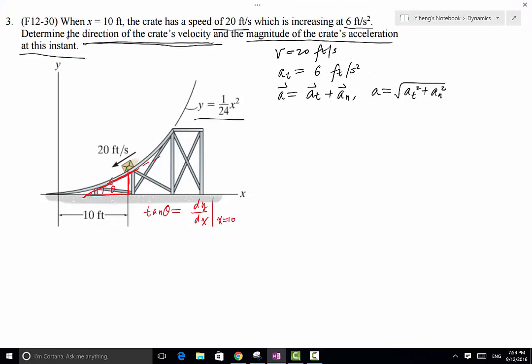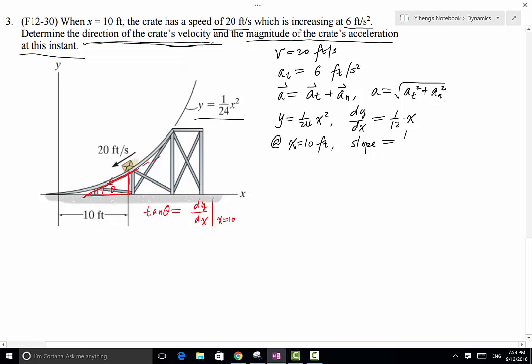So if y equals 1/24 x squared, then dy/dx equals 1/12 times x. Therefore, at x equals 10 feet, the slope equals 1/12 times 10, which is 5/6, and we said that equals tangent theta.